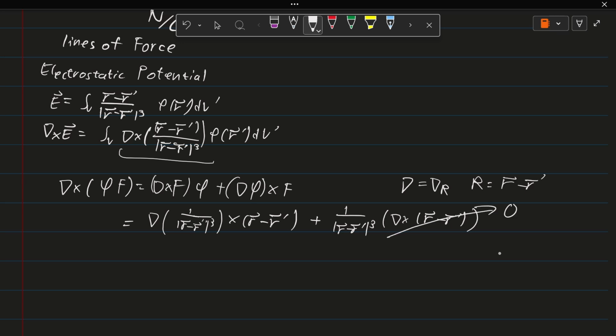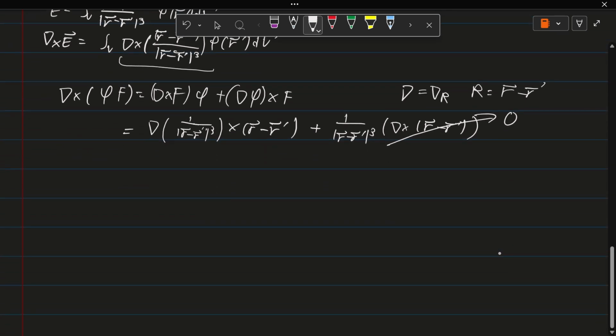So we know that the backside here is definitely 0. What about the front part? Trying to evaluate the front part here, this is just a function based on this r vector as well, right? So it's just 1 over the r vector length cubed, or basically we could denote this as only r. So it's 1 over r cubed.